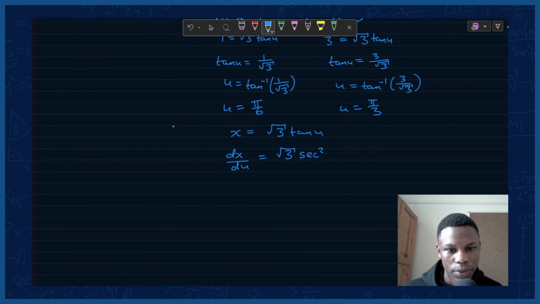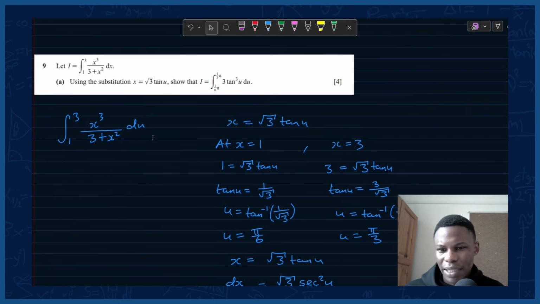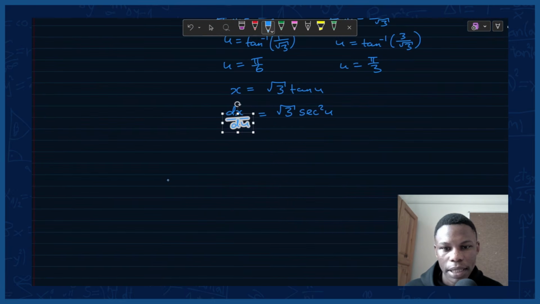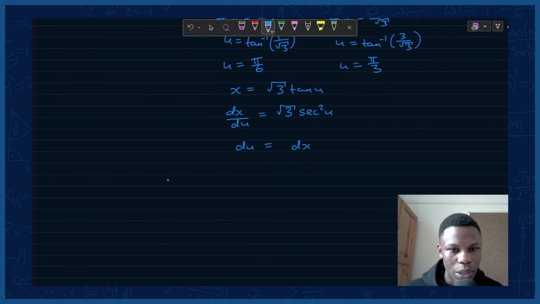So this is sec squared u. Okay. And so now we need to get du. So I need to make du the subject of the formula here. So we need du is equal to, simply swap these two, the du and the root 3 sec squared. So du is dx over root 3 sec squared u.